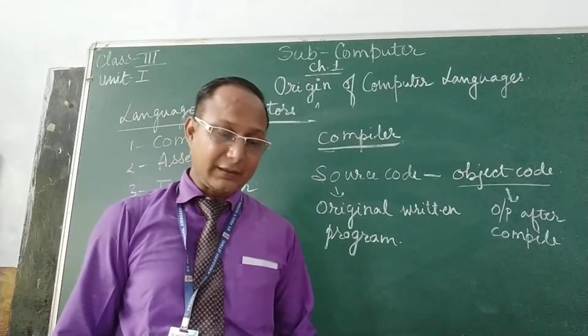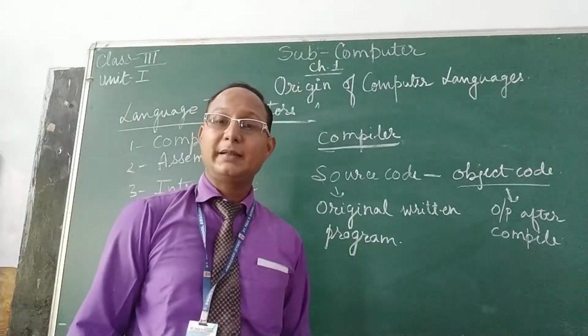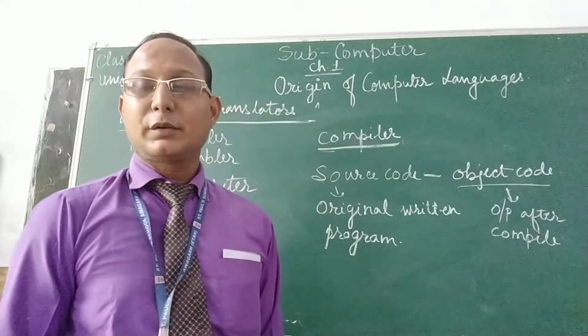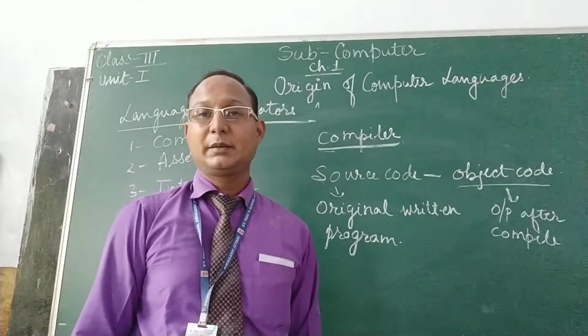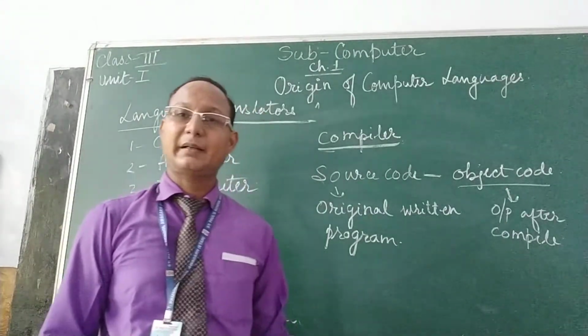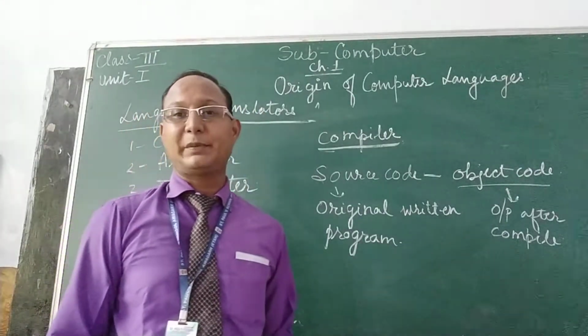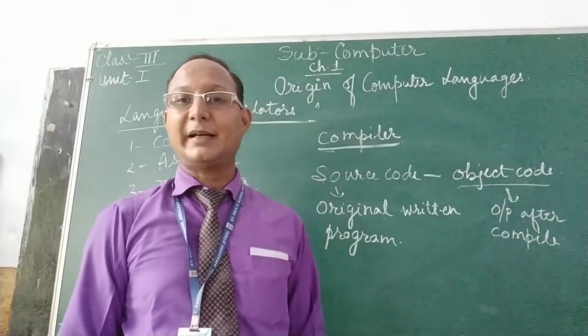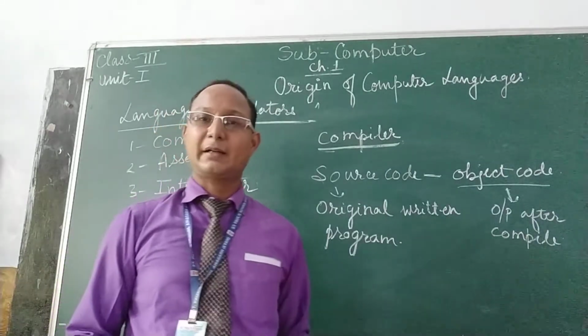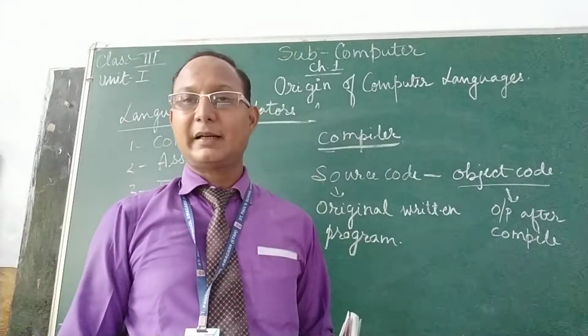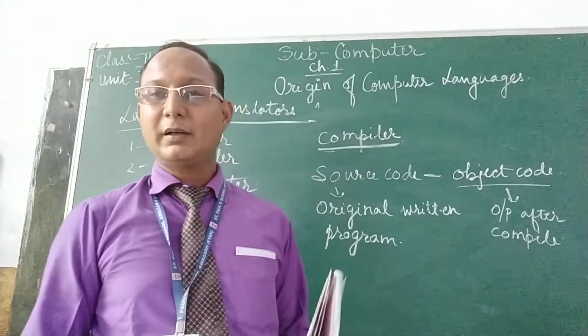A compiler is a type of software. This type of software reads the complete program. In a compiler, it executes the complete program, and if there is any error, it shows the error on the screen.